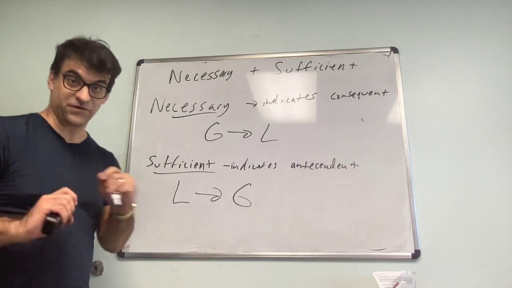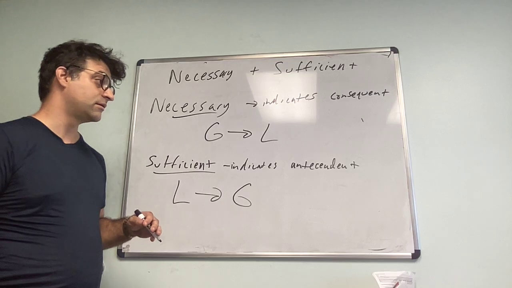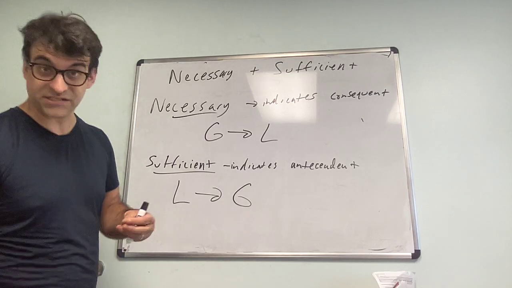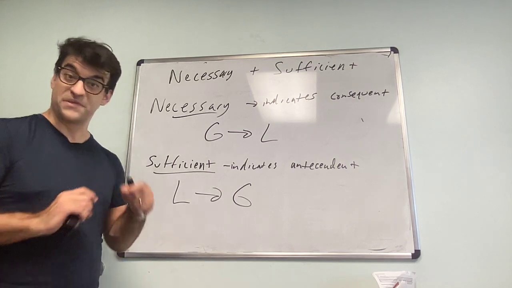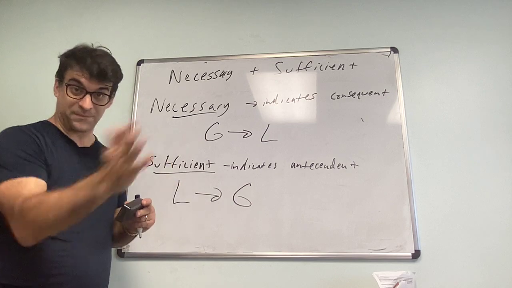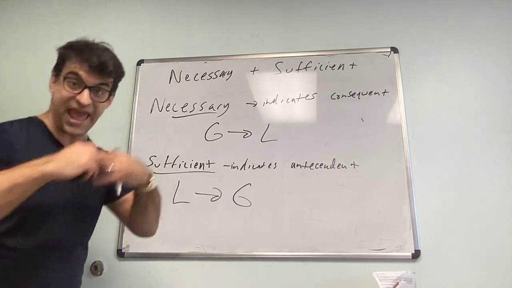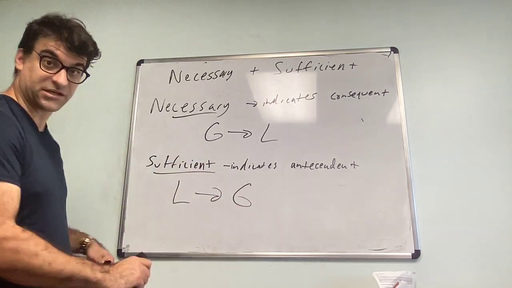So for definitions, we use if and only if, or we use necessary and sufficient conditions. You might say that virtue is both necessary and sufficient for happiness. Now that's a controversial claim, but that means if you're virtuous, then you're happy, and if you're happy, that implies that you're virtuous. That would be what that claim is. So necessary and sufficient together, just like if and only if, is going to be the double bar.